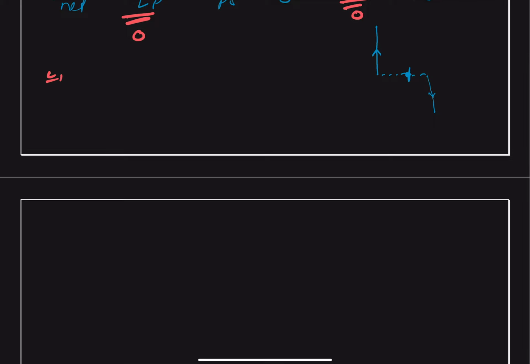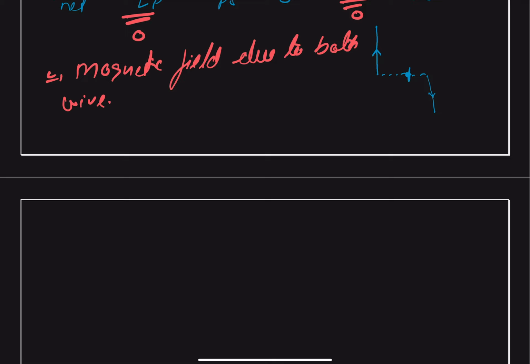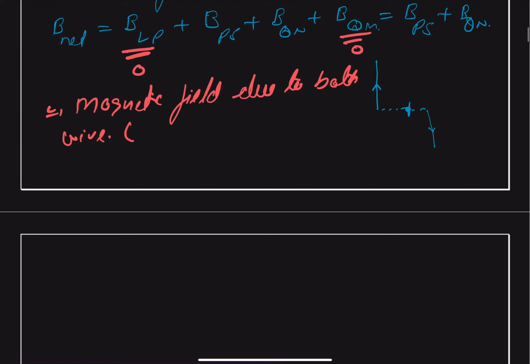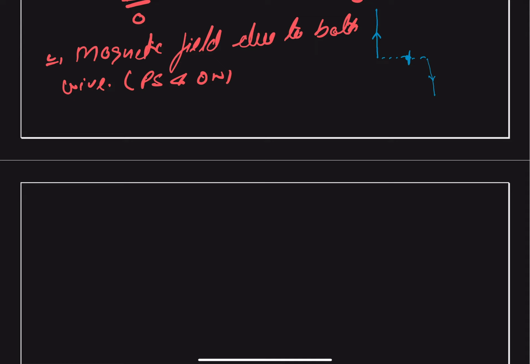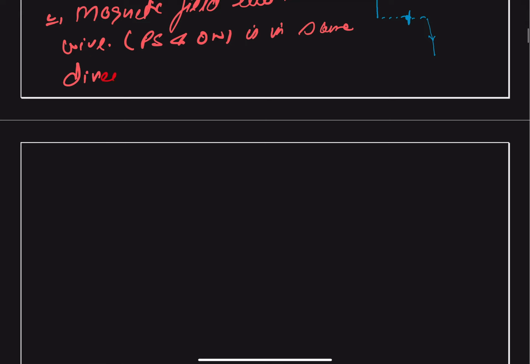So you can say the magnetic field due to both wires, means our PS and Qn, is in same direction, which is into the paper. Therefore they add up.